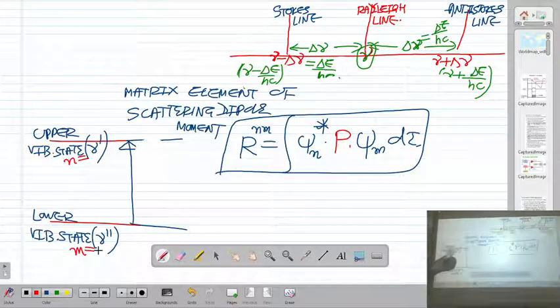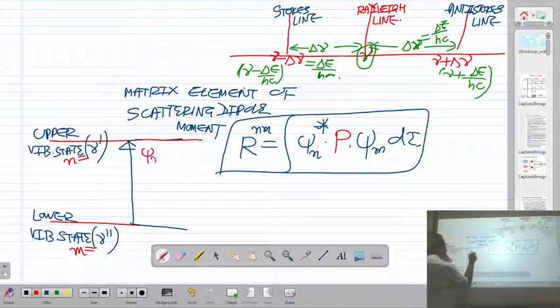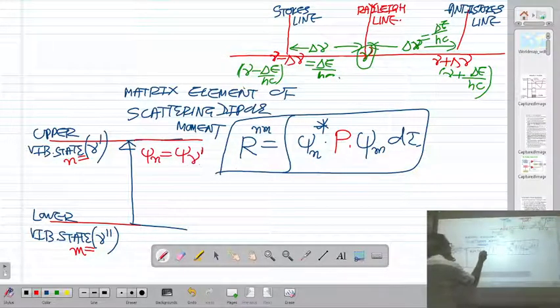In the upper state n, which is equal to nu dash, the wave function of the molecule is psi n, or psi nu dash. In the lower state m, equal to nu double dash, the wave function of the molecule is psi m, equal to psi nu double dash.